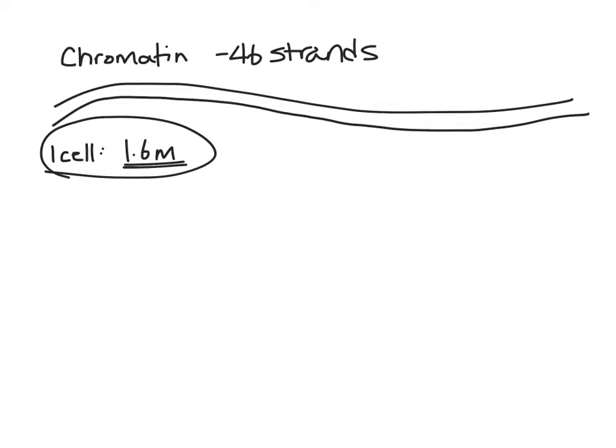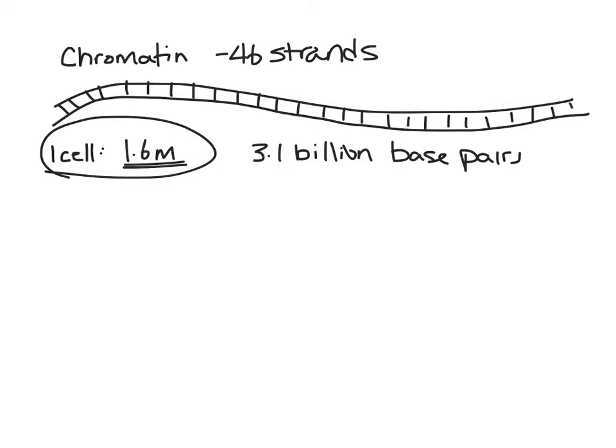And that 1.6 meters has those 3.1 billion base pairs. And so when you think about it, I'm stretching this out. It makes that sort of ladder shape. It would be coiled, but I can't draw a nice helix that DNA does naturally.